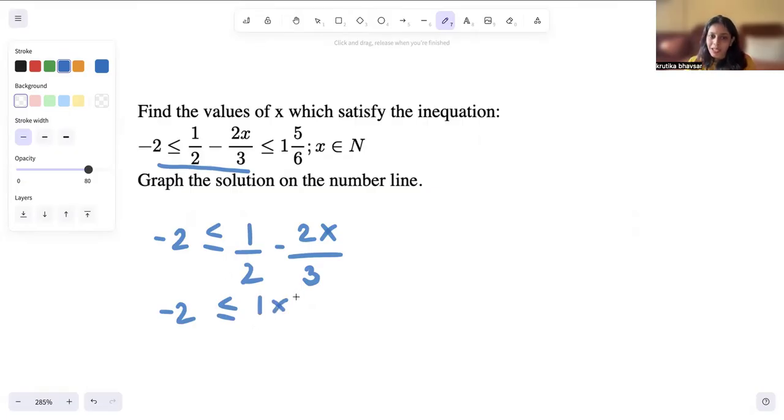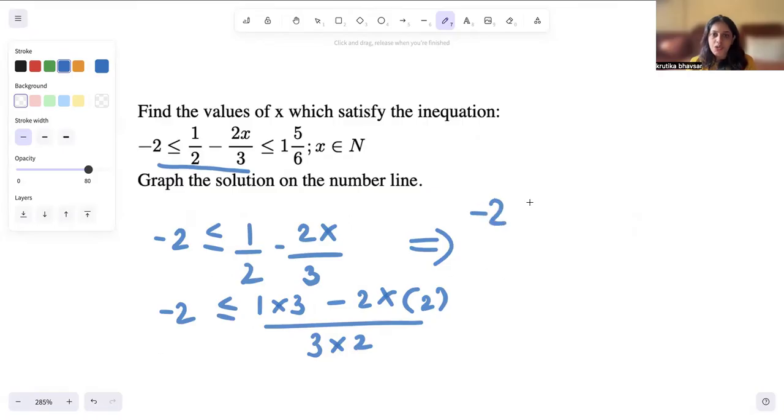We multiply 1 with 3 and 2x with 2, and we multiply the denominators, right? Okay, so what does this give us in return? Minus 2 is less than or equal to 3 minus, remember this is not multiplication, but this is 2x multiplied by 2, which is 4x upon 6.